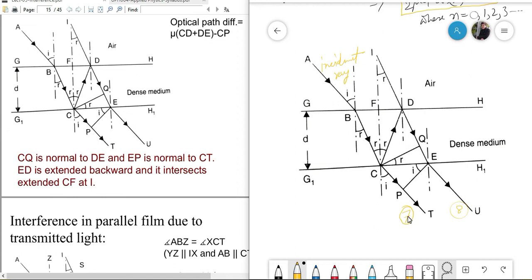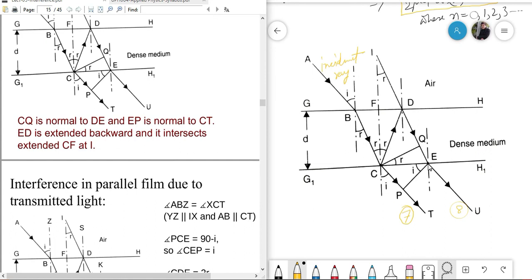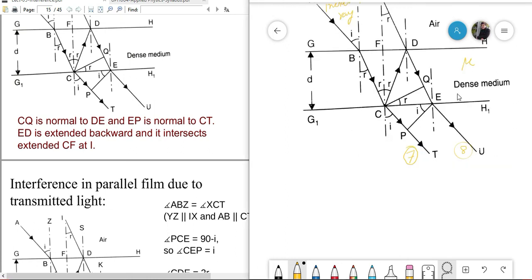So to calculate the path difference between the rays 7 and 8, what we have to look at is that with respect to the ray 7, the ray 8 has traveled extra CD, then DE, and the ray 7 has traveled during that time the path CP. So the path difference would be CD plus DE, that is traveled in the medium with the refractive index mu. So the optical path difference between the ray 7 and 8 would be given by mu into (CD plus DE) minus this distance CP.